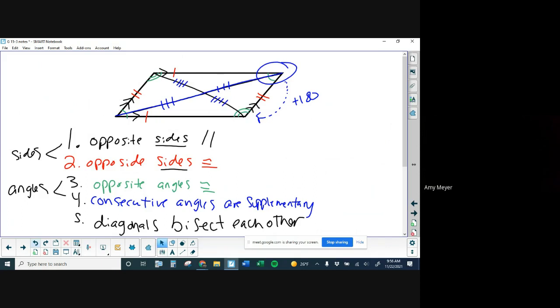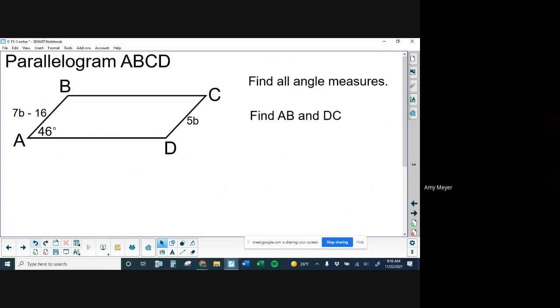All right, let's do a practice problem on your white note sheet. Number 1, I'm just going to give you 2 or 3 minutes to see if you can come up with all the angles. One's been given to you. If you finish that, see if you can find AB and DC.